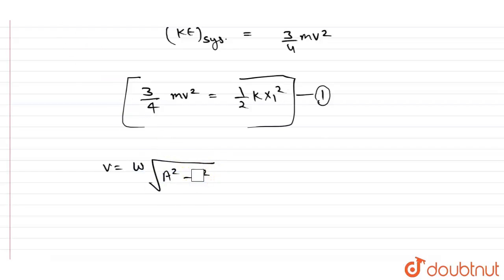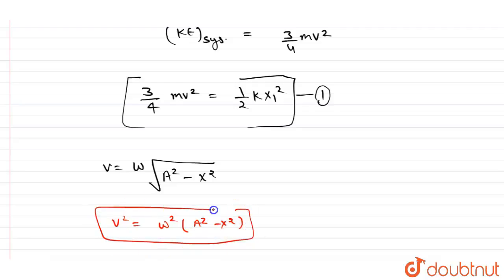This is the formula of the velocity when we are trying to solve S.H.M. So for v square, it can be written as omega square times a square minus x square.